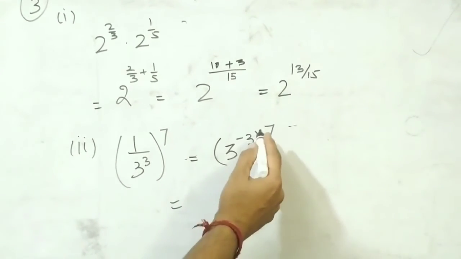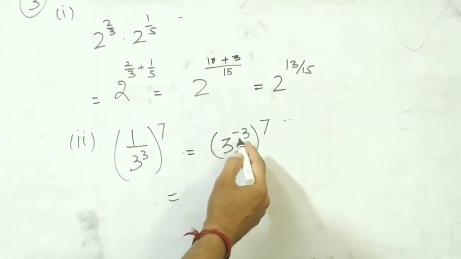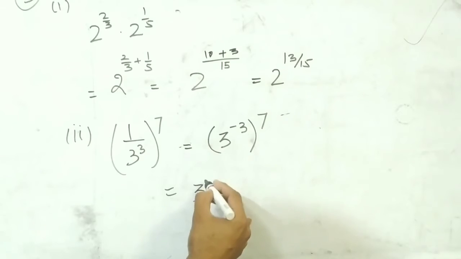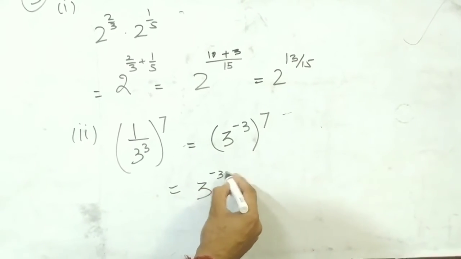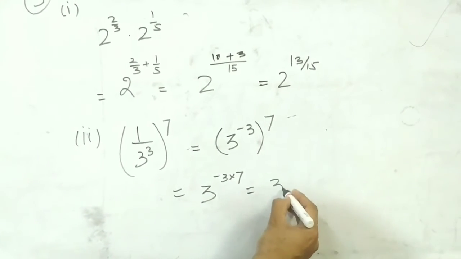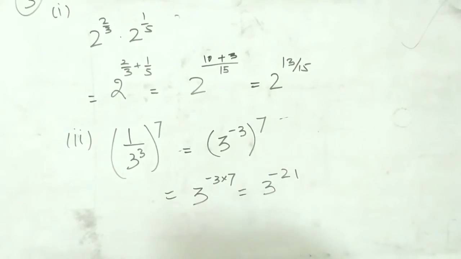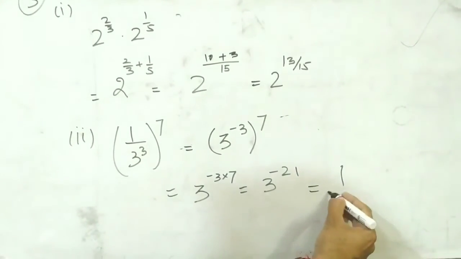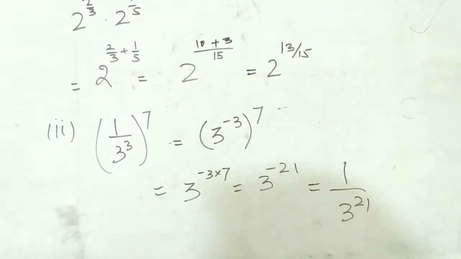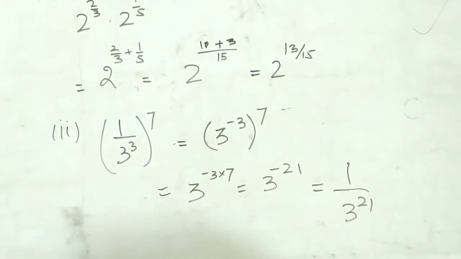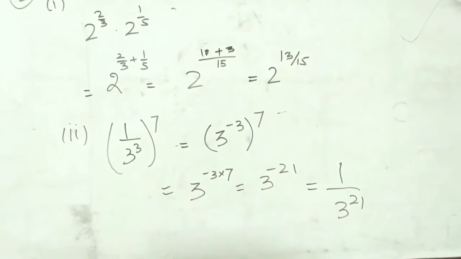And when there is whole power 7, these powers will multiply with one another. So your answer will be 3 to the power minus 21, or you can write in this way, 1 oblique 3 to the power 21. So this is part 2.